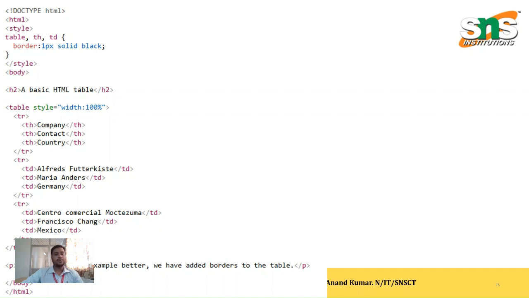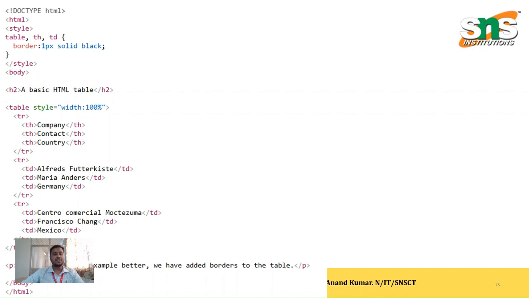TR stands for table row, TH stands for table header, and TD stands for table data. In the table row, company, contact, and country will be displayed in bold. Why?